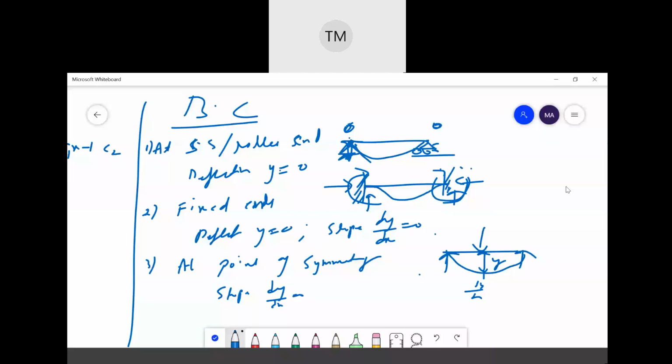At this point the deflection is 0. At hinge support also the deflection will be 0. Is it clear? Similarly, if you consider a fixed support, at fixed ends also the deflection is 0.